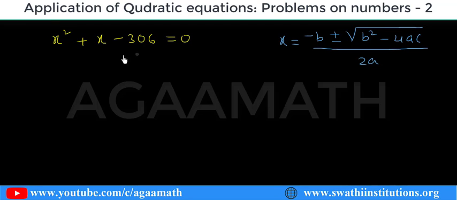In this case, a equals 1, which is the coefficient of x square, b equals 1, which is the coefficient of x, and c equals minus 306.